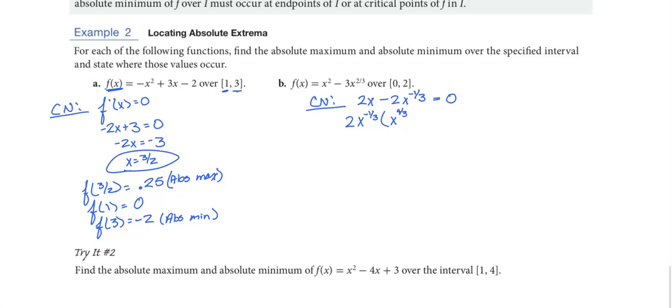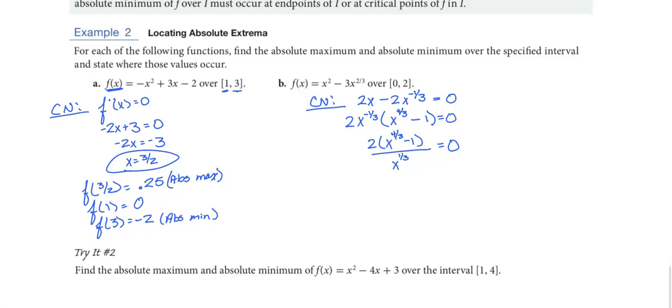Because when I multiply this back, x to the negative 1/3 times x to the 4/3 would give me an x to the first. And we're going to have a minus 1. That's going to be equal to 0. So here's my derivative, 2 times x to the 4/3 minus 1 over x to the 1/3. And that's going to be equal to 0.